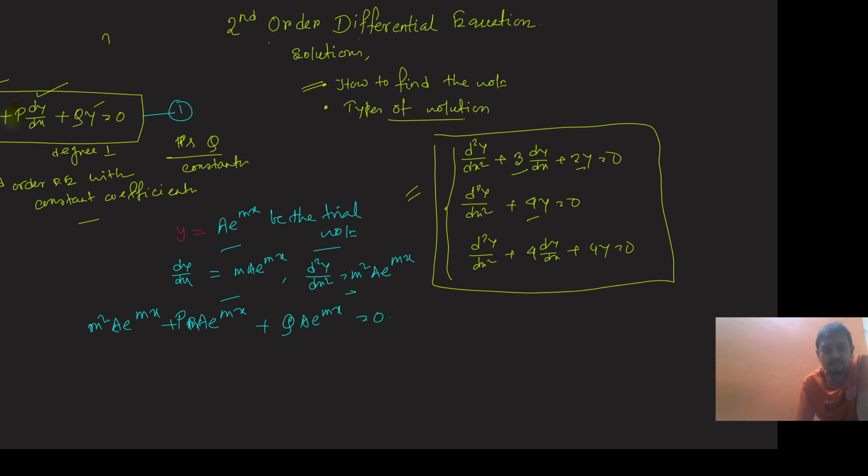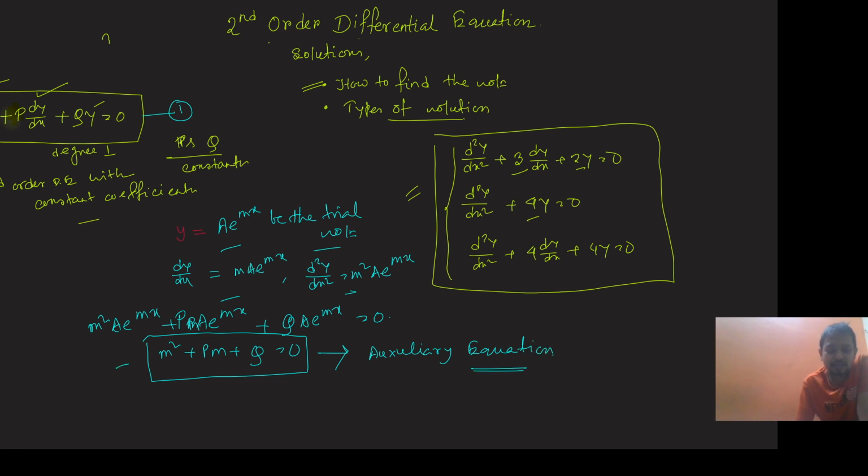So we get m square plus pm plus q is equal to 0. And this equation is said to be the auxiliary equation.